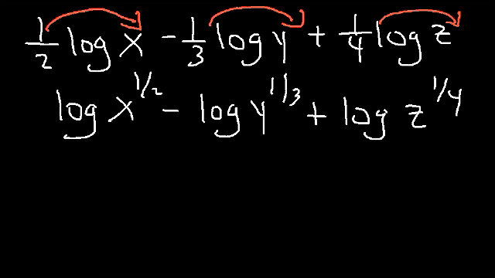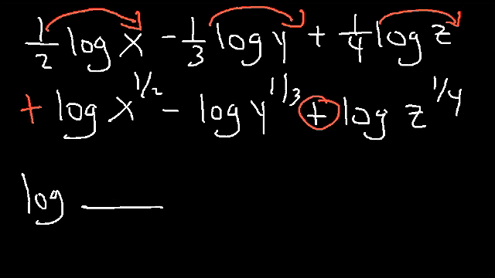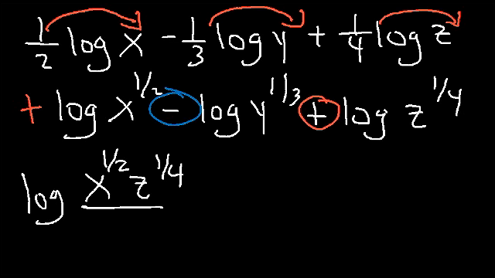So now at this point we can combine it into a single log expression. So x and z will be on top since they have a positive sign in front. So it's x to the 1/2, z to the 1/4. Now the y variable is associated with the negative sign, so it's going to be on the bottom. Now because we have fractional exponents, we can convert it to a radical expression.